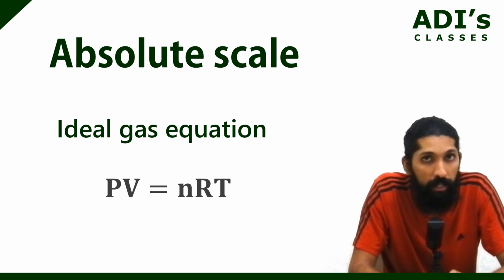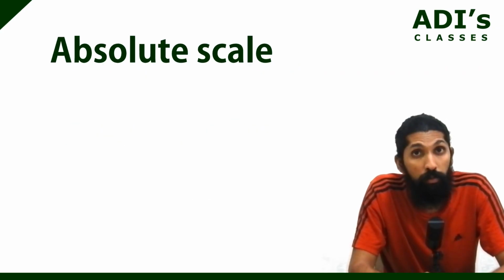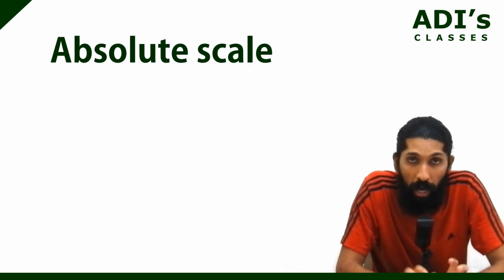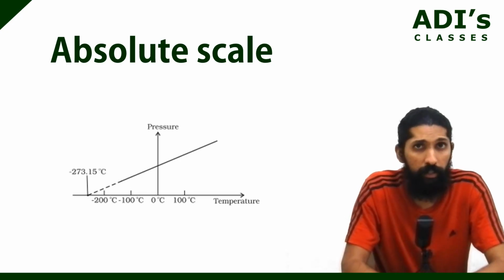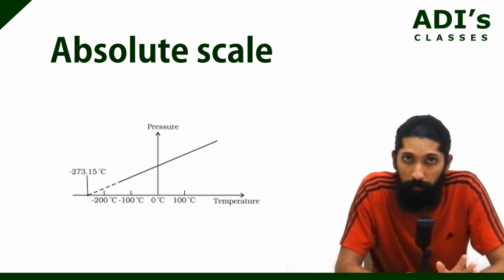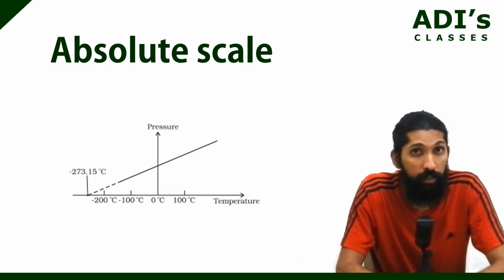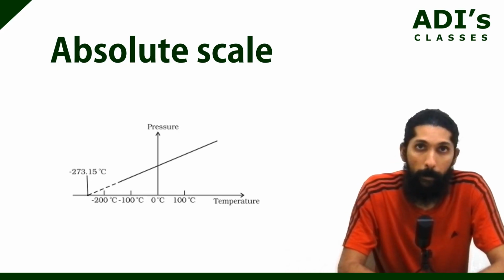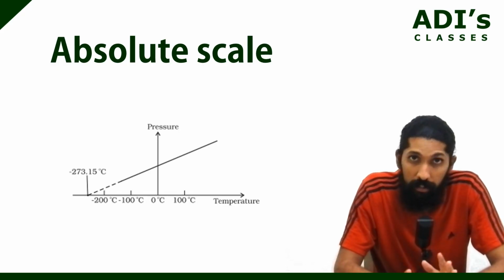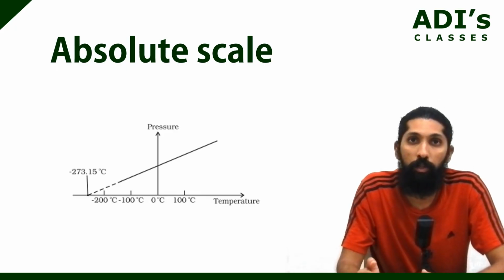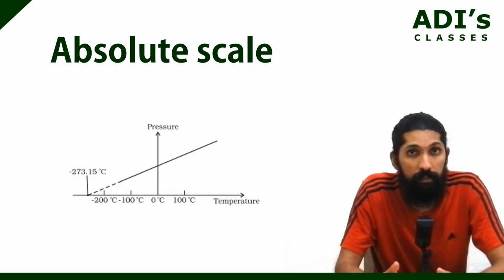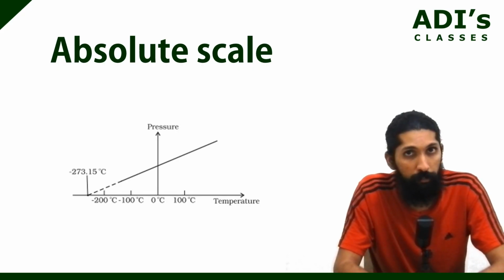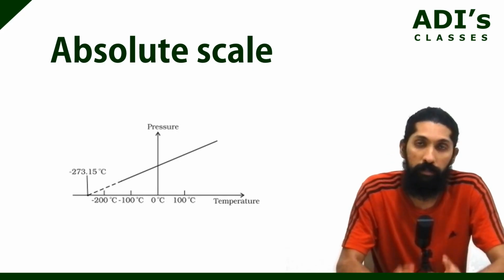Now, what exactly is the meaning of absolute temperature? Look at this particular graph. You see how the pressure and the temperature are changing, correct? If you look at the second quadrant, as I lower and lower the temperature, pressure decreases, and pressure becomes zero, isn't it?